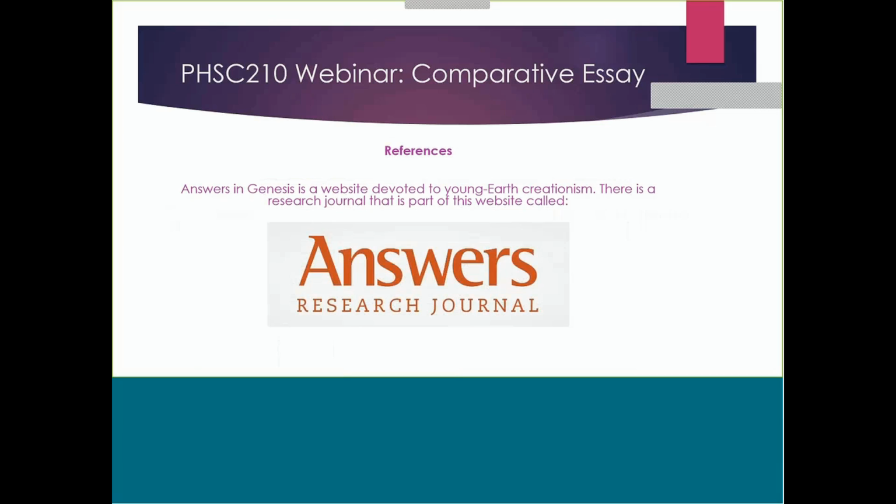The research there is very significant. Beginning in 2008, there's a research journal that's part of the website. So any of those articles in the research journal, it's called Answers Research Journal, any of the articles from the journals going back to 2008 would be considered good sources for your paper.